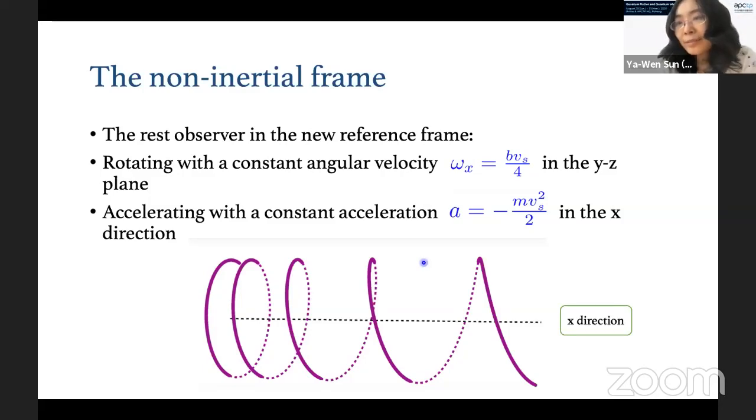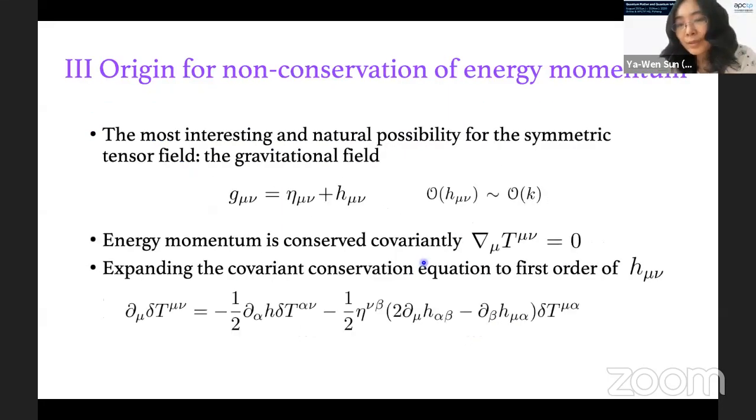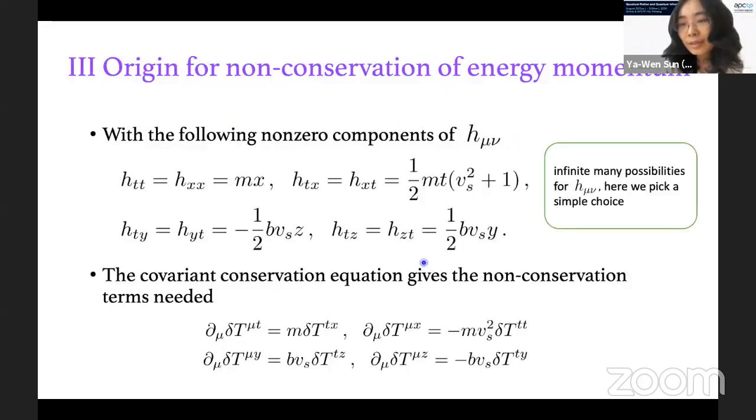I also tried to produce these terms from a vector field, like an electromagnetic field, but that doesn't work. If I accelerate the relativistic hydrodynamic system and not the observer, it's different.